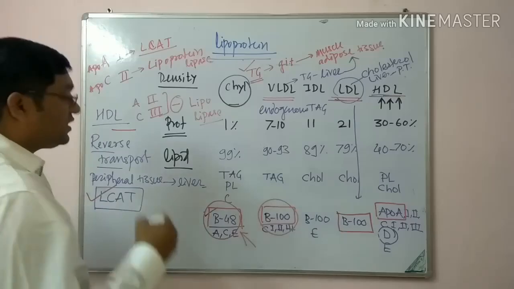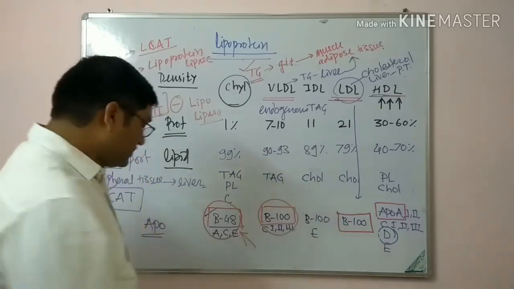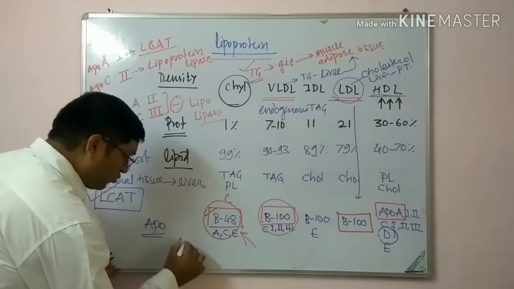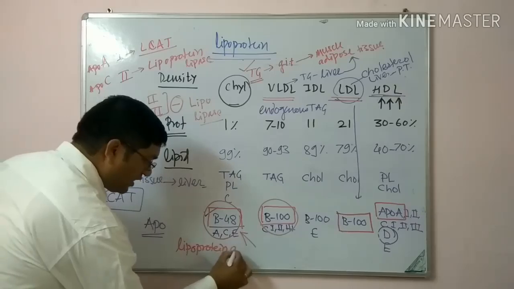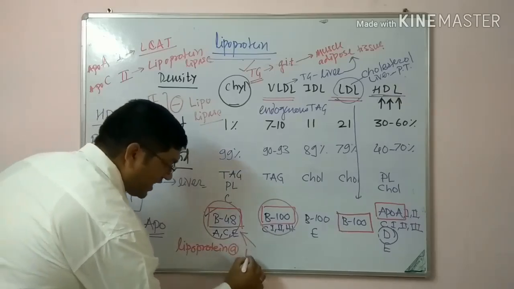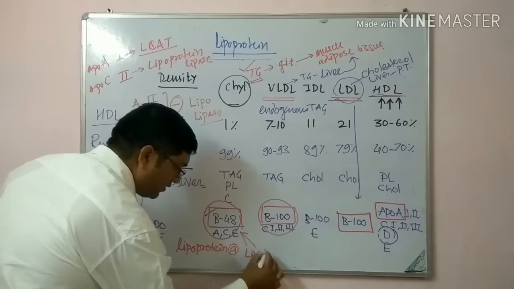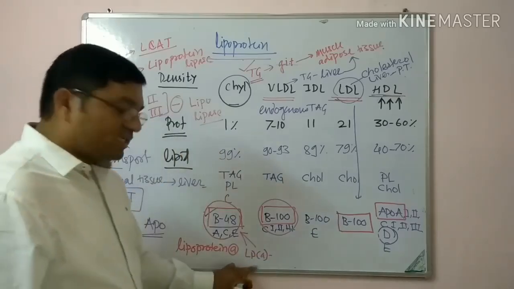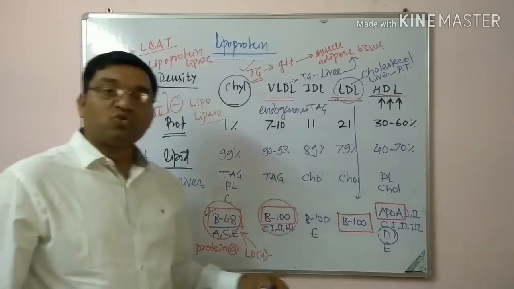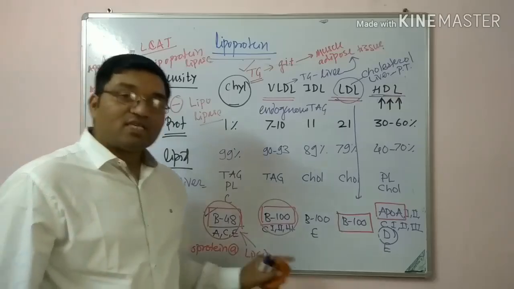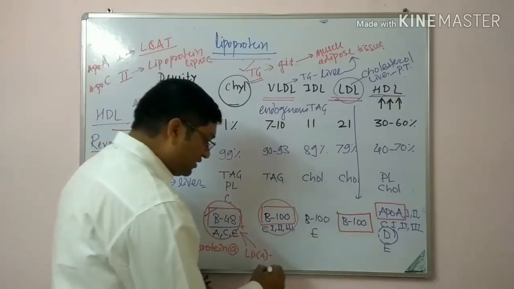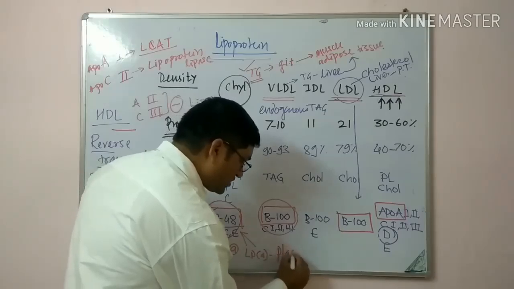Then another one is lipoprotein small a, written as lipoprotein(a). It is atherogenic. It is also known as little rascal. It has homology with plasminogen.